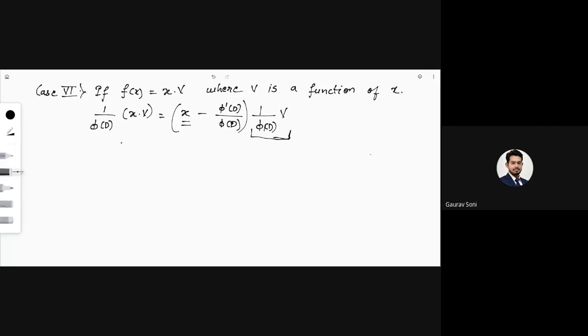Okay, it looks complicated, but once you memorize it and when you will be solving examples, it will be very easy. So remember this: x minus derivative upon phi of D, bracket complete, 1 upon phi of D acting on v.